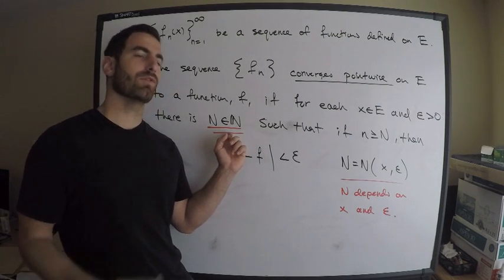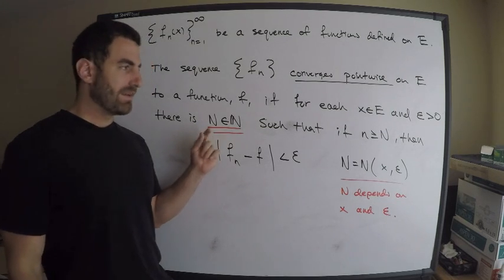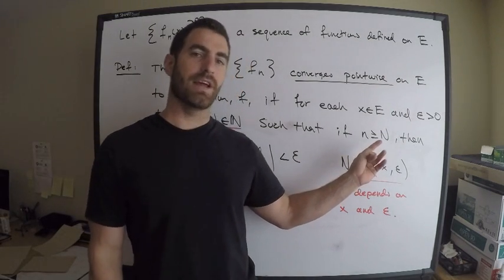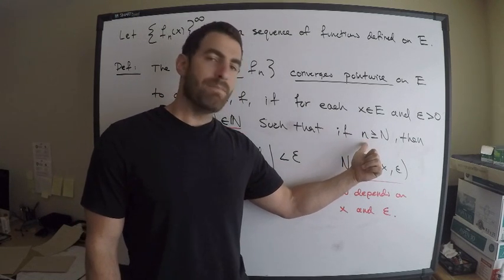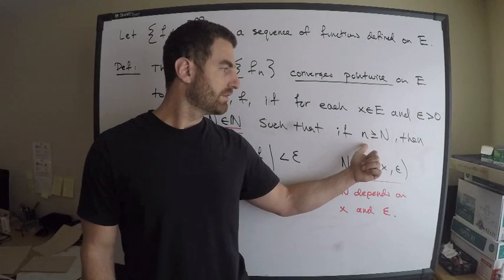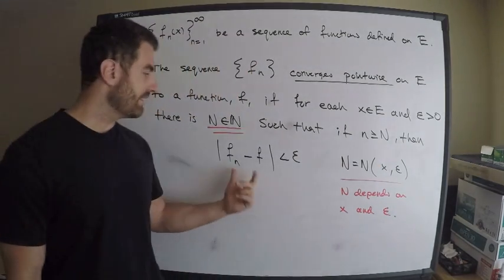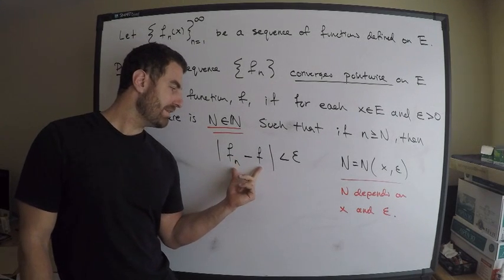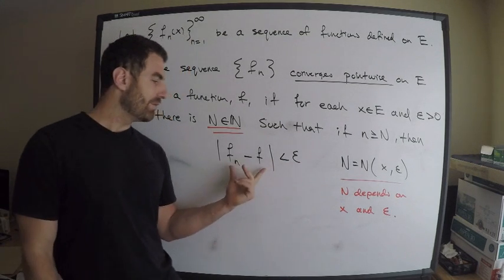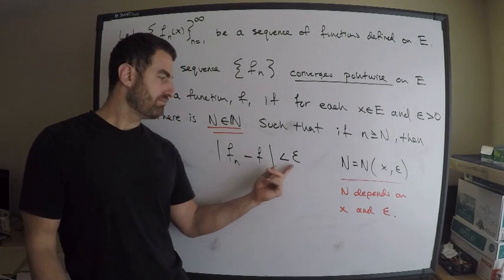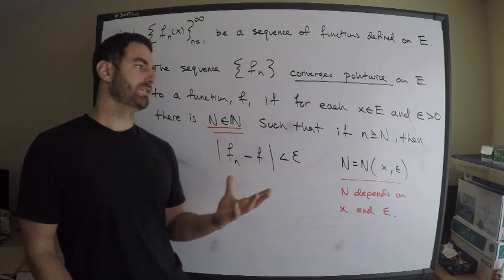I get to do some sort of probably algebra to figure out a value of N, such that when I pick this capital N, a natural number, anytime I take members of my sequence of functions where the index is greater than that N, the distance between the members of my sequence and its limiting value is very small. We're choosing epsilon to be arbitrary. We want this distance to be small. In other words, if epsilon is arbitrary, this might as well be 0. These get arbitrarily close, they converge.